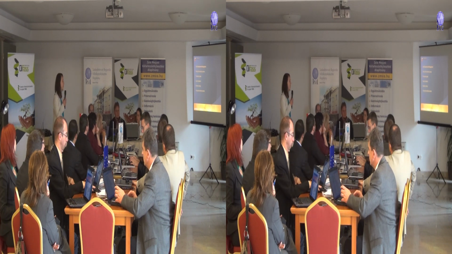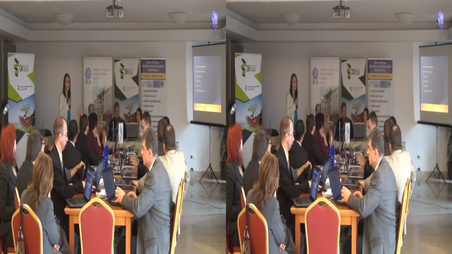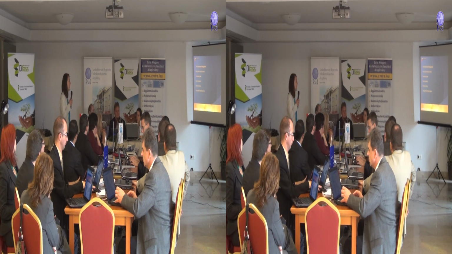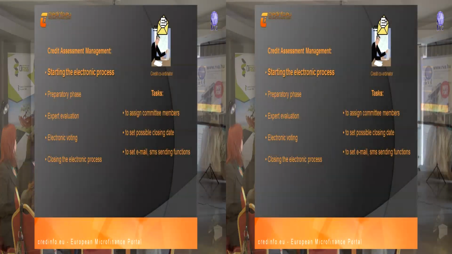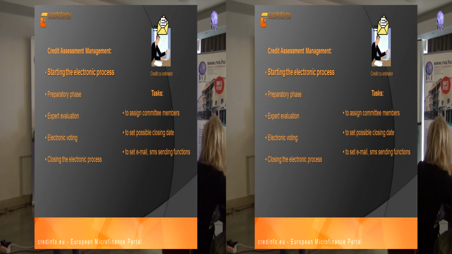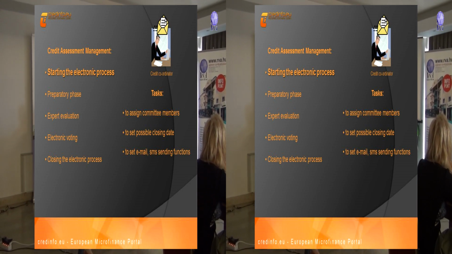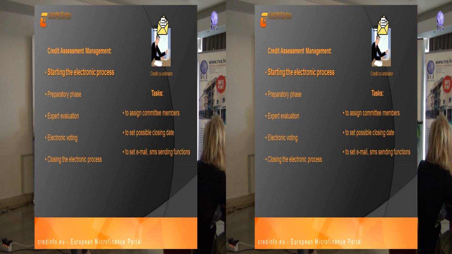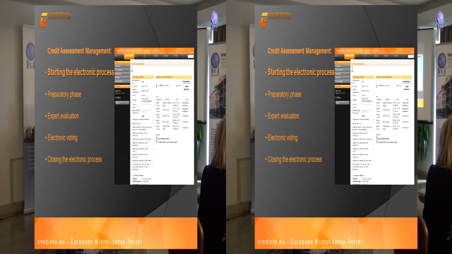The first is the start of the electronic process. That's when the loan application arrives through the system, of course. The credit coordinator receives an email message, and he or she has to log in the system and see or download this new loan application.